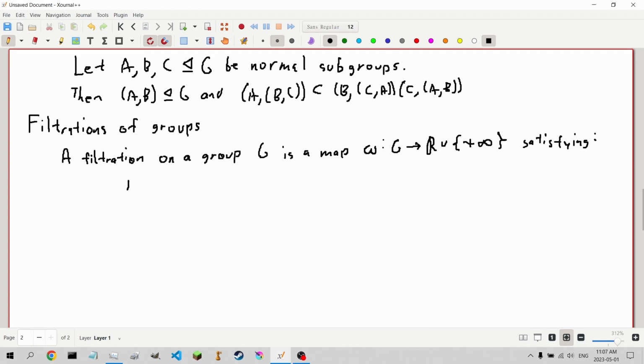The first condition is that omega of 1, our identity element, is positive infinity. Our second condition is that omega of x is greater than 0 for all x in G.